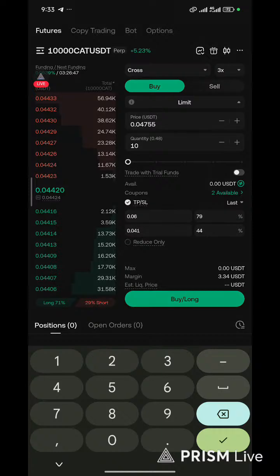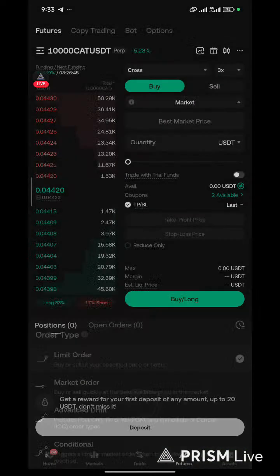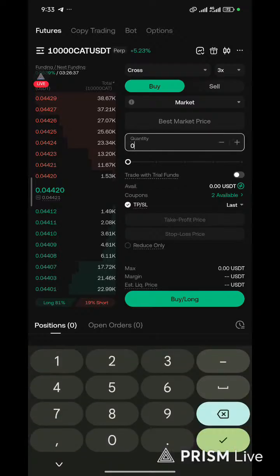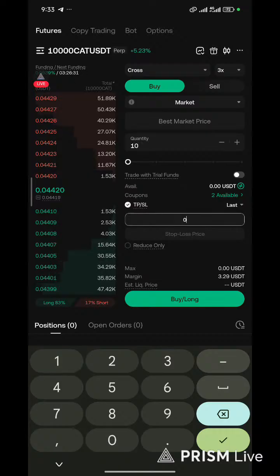Okay, so if you set it at current market price right now, if you enter here with $10, at 0.0641.